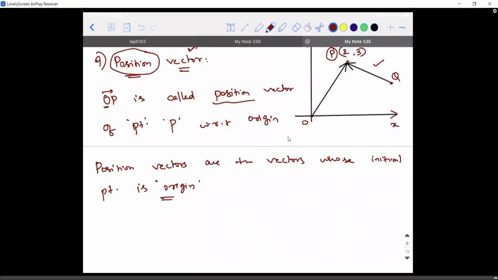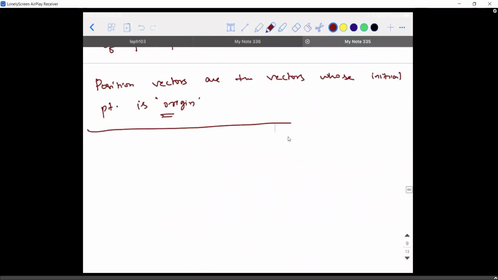Okay. So that is all about the introduction of the types of vectors. The next is we are going to discuss the different operations that can be performed between vectors. So here, let me talk about addition of vectors. Okay.